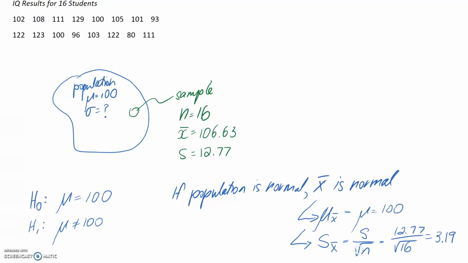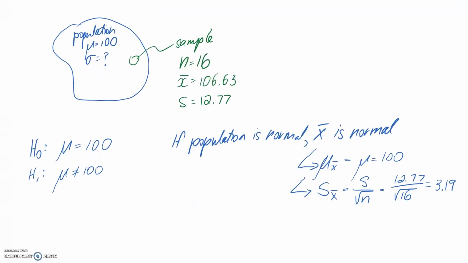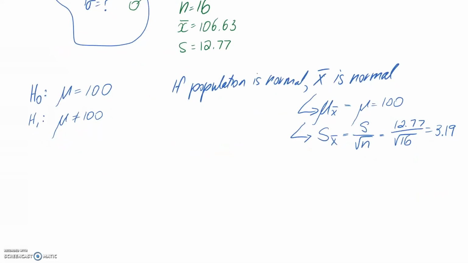So all this is doing is accounting for the fact that if you take a bigger number of observations into your sample, then you're going to have less variance in the sample mean. All right, so that's all this is doing. So now that we've got that, we should be able to draw ourselves the distribution.